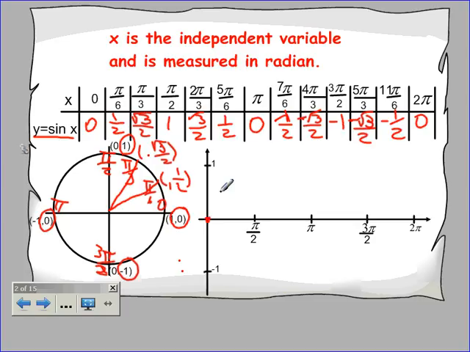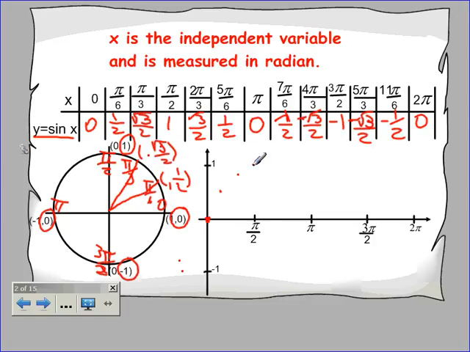And go up to 1/2. Then the square root of 3 over 2 is around 0.7, isn't it? Somewhere there. Okay, and this one goes up to 1.